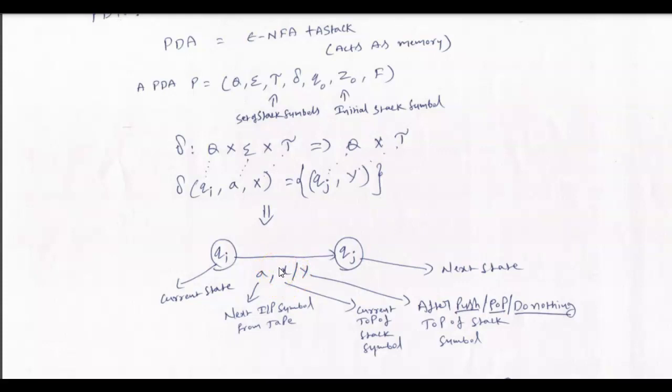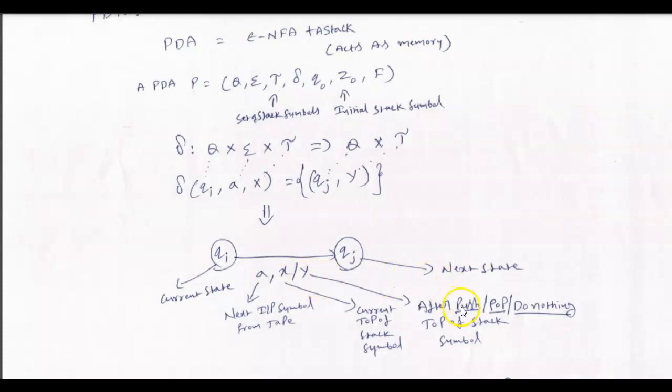In a stack we have operations called push and pop, and there is a thing called top, where we can perform insertion and deletion only at the end. That is called the top. This is the top of the stack symbol. This Y is the top of the stack symbol after doing some operation on the stack.